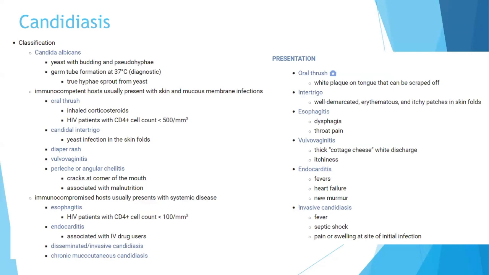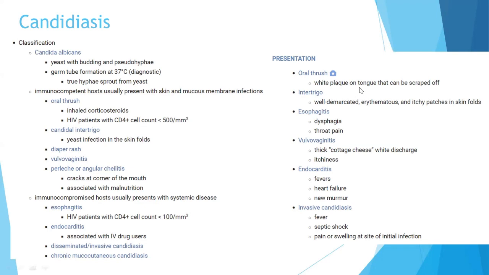The immunocompromised host usually presents with systemic disease like esophagitis, endocarditis, and disseminated candidiasis. Presentation is generally oral thrush, intertrigo, esophagitis, vulvovaginitis causing a cottage cheese white discharge, endocarditis causing fevers, and there may be some invasive candidiasis which can lead to septic shock.